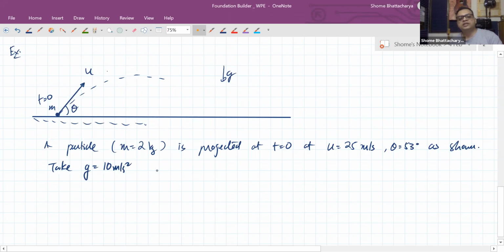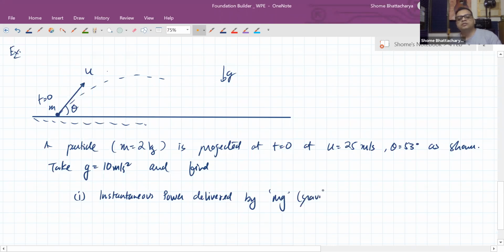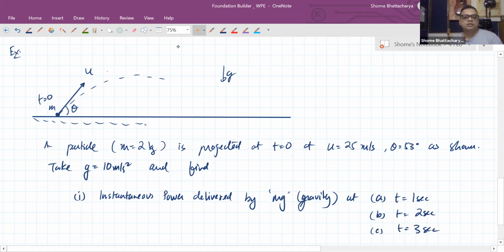So g is acting like this, and find out the instantaneous power delivered by gravity at t equal to 1 second, t equal to 2 seconds, and t equal to 3 seconds.